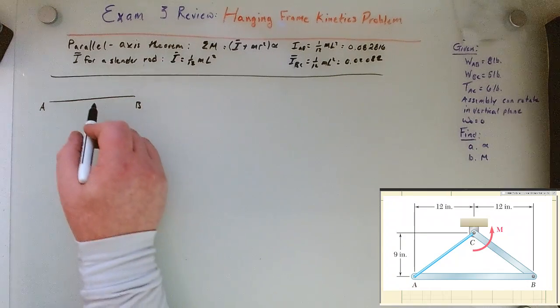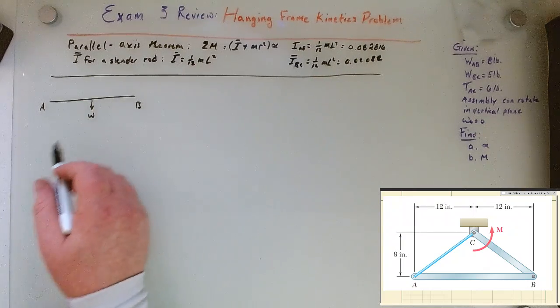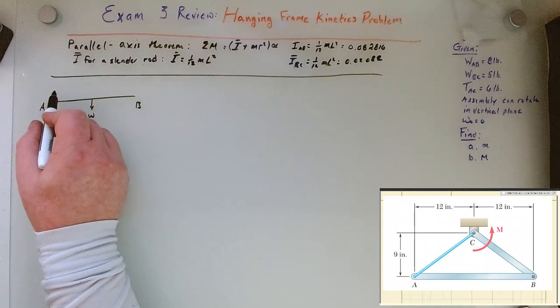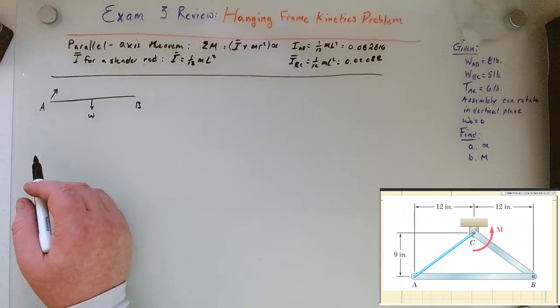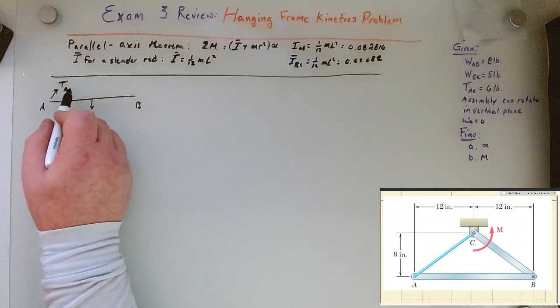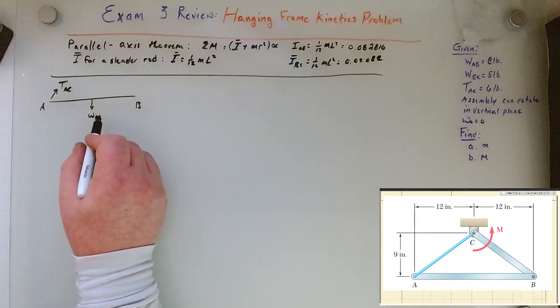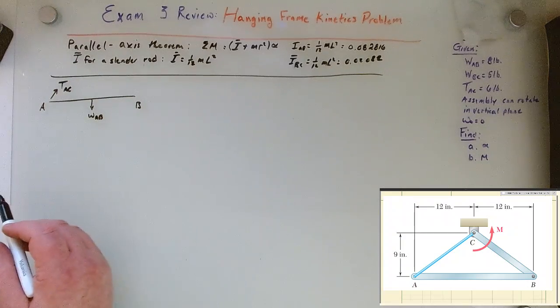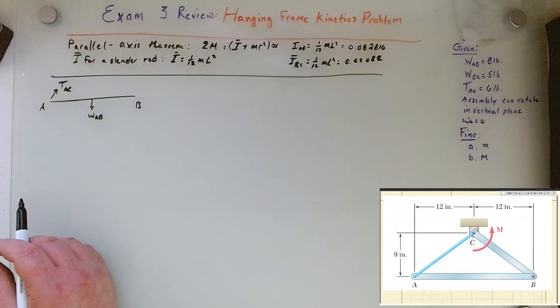And if we do that, then we know that the weight is here. Oh, which reminds me, when you start working with assemblies, you're going to have to know where the middle of things are. You just do. So this is TAC. This is the weight of AB. And notice that the moment M is applied to bar BC.